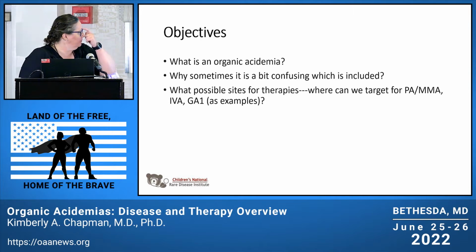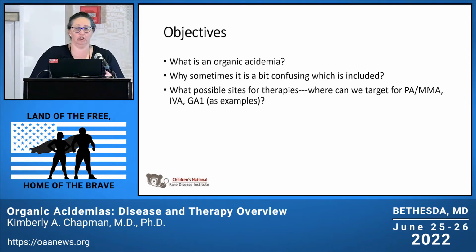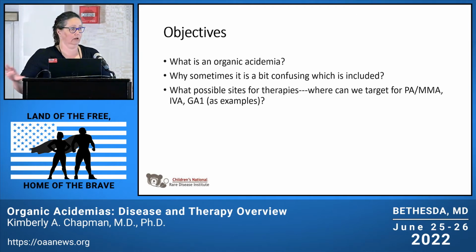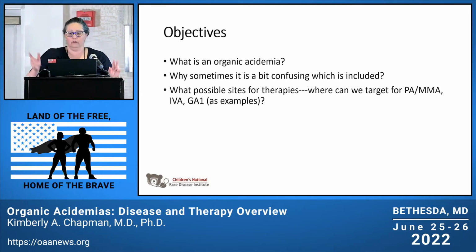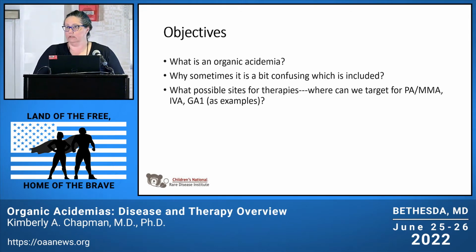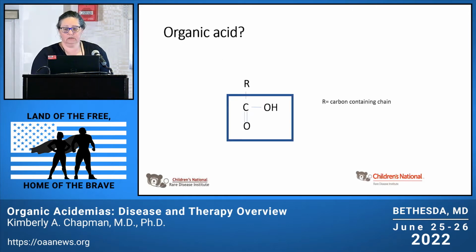And then what are the possible sites for therapy? Where can we target if we're talking about PA, MMA, IVA, GA1? And I'm assuming that none of our D2s are here, none of our L2s are here. Yeah, okay, because there's some really rare stuff that typically come to this meeting, and I was told that they didn't register, but if they did, I was going to deal with it.